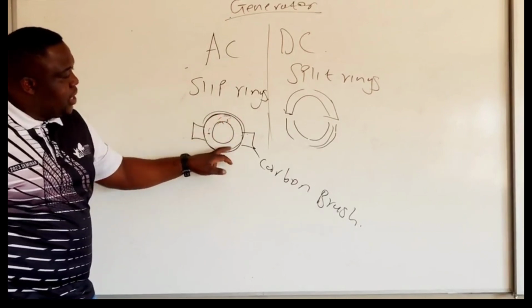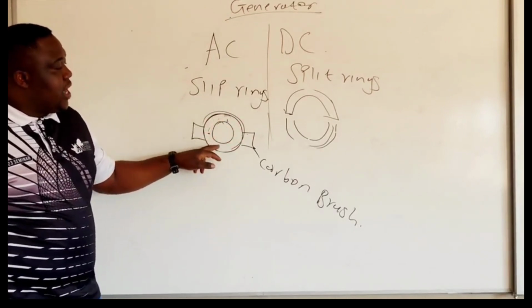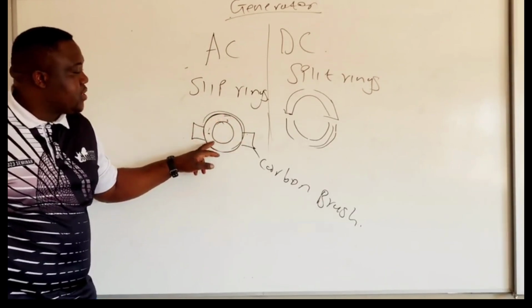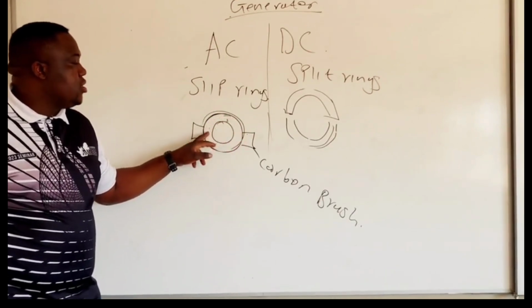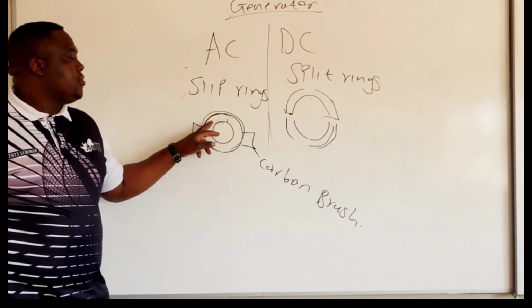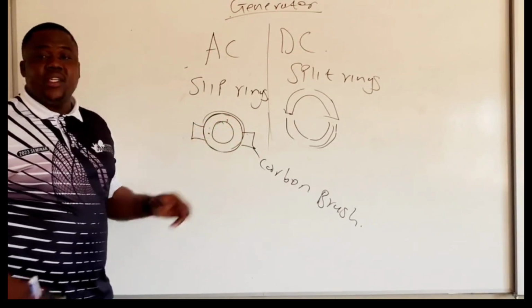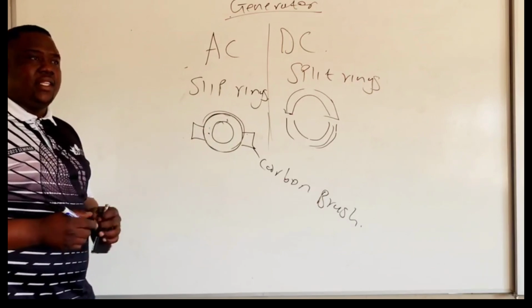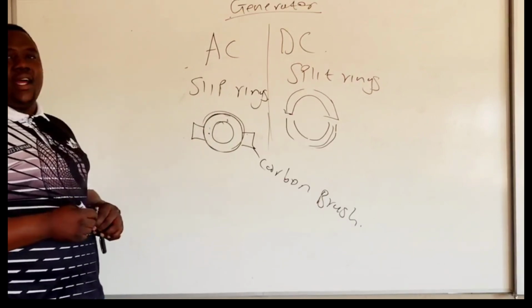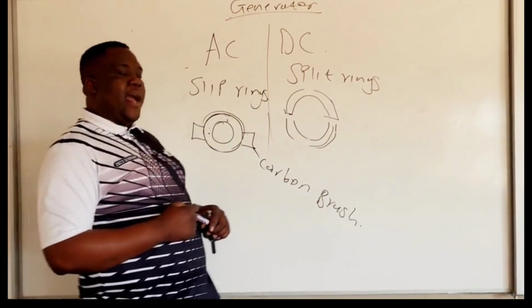the function of the slip ring is to cause the current to alternate. When we say that the current is alternating, we are saying that the current is moving back and forth.